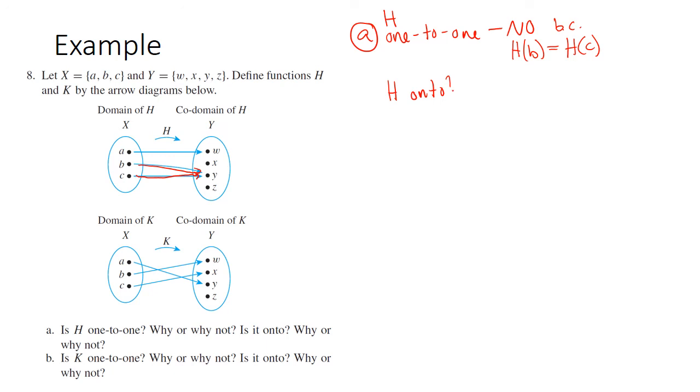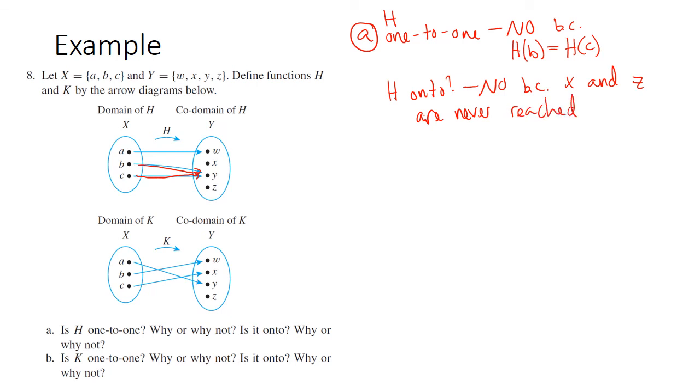If it were onto, it would need to have every element of the codomain be reached, but they're not. So this is another no, because X and Z are never reached.